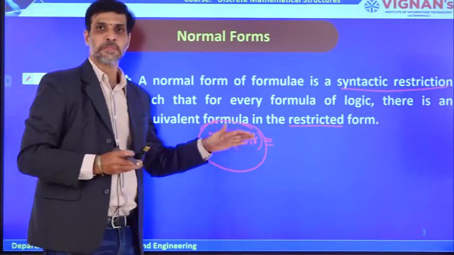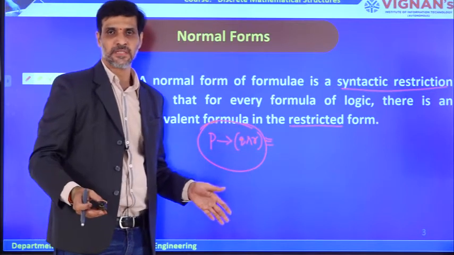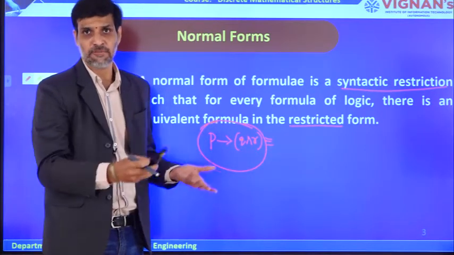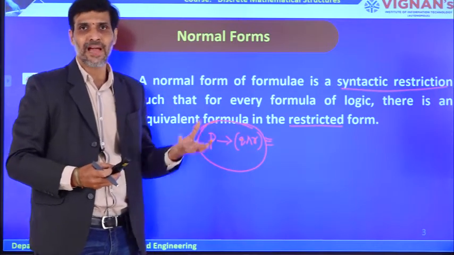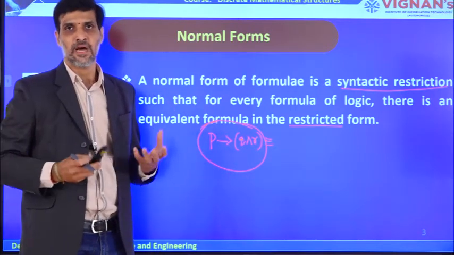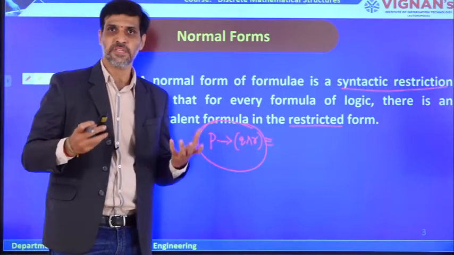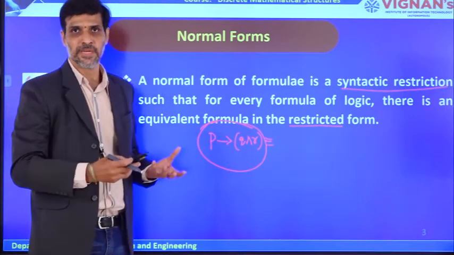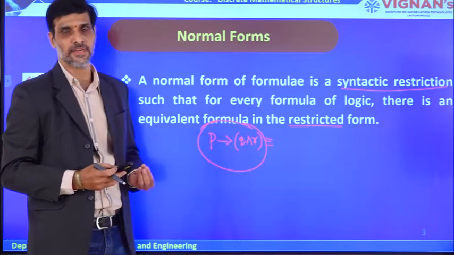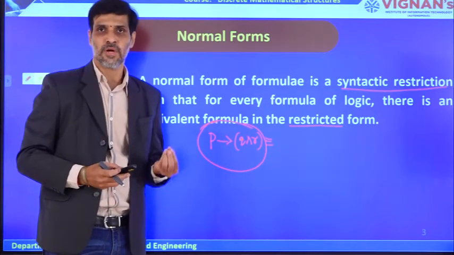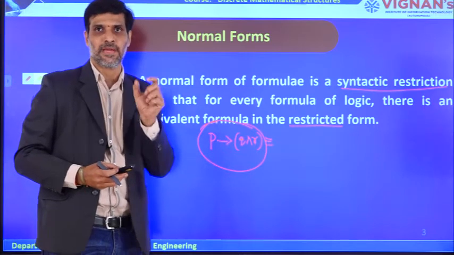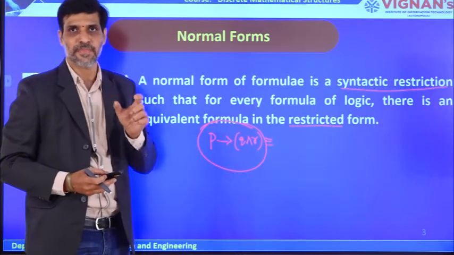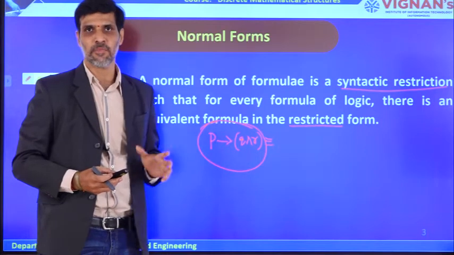The sentences may consist of implications, biimplications, or other logical connectives, and if you want to convert it into a simpler form, that form we can call a normal form.